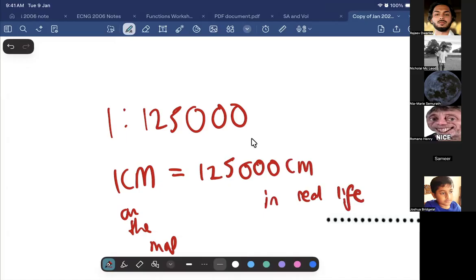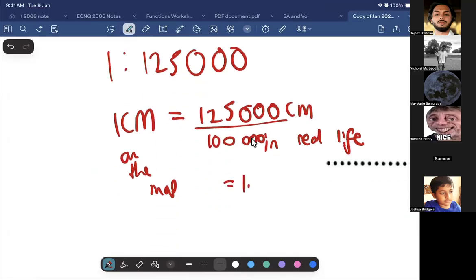How do you convert that to kilometers? Do you remember? Divide by 100,000. What are you going to get? 1.25 kilometers.